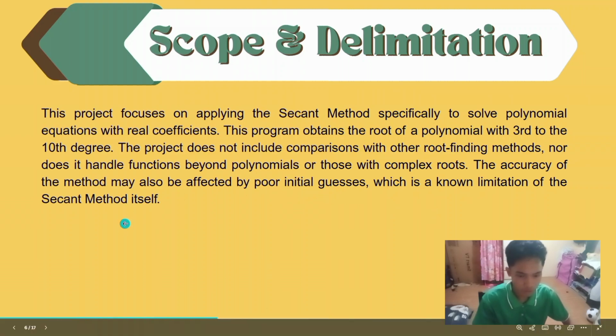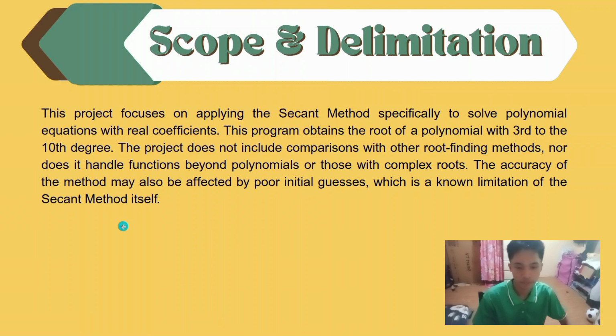So let's continue with the scope and the limitation. This project focuses on applying the secant method specifically to solve polynomial equations with real coefficients. So this program obtains the root of a polynomial with degree 3 to 10. That is the range; it cannot go below 3 or exceed 10.